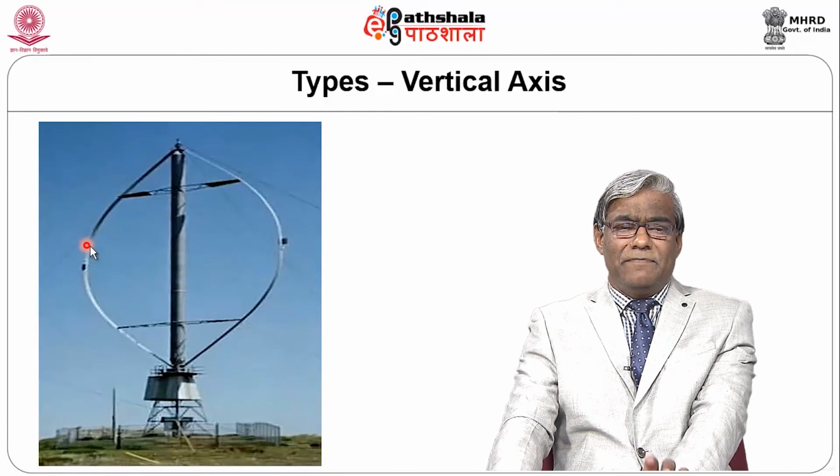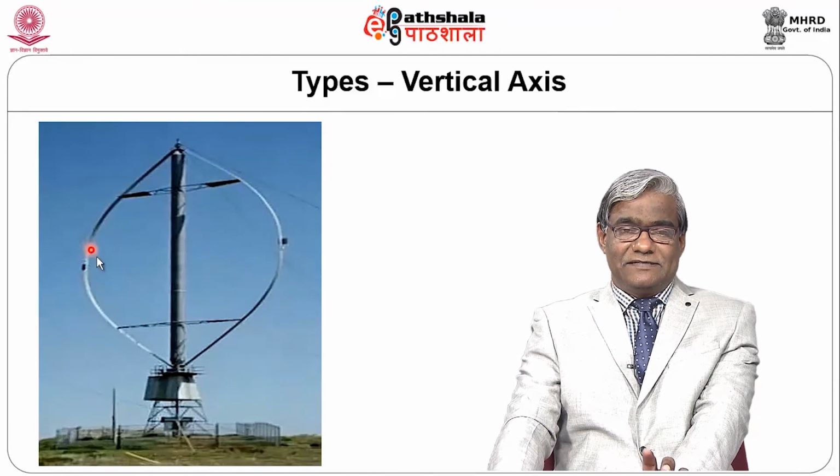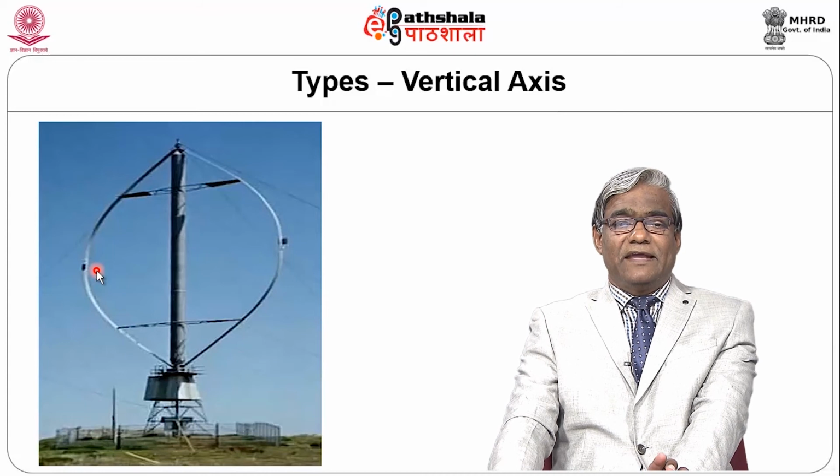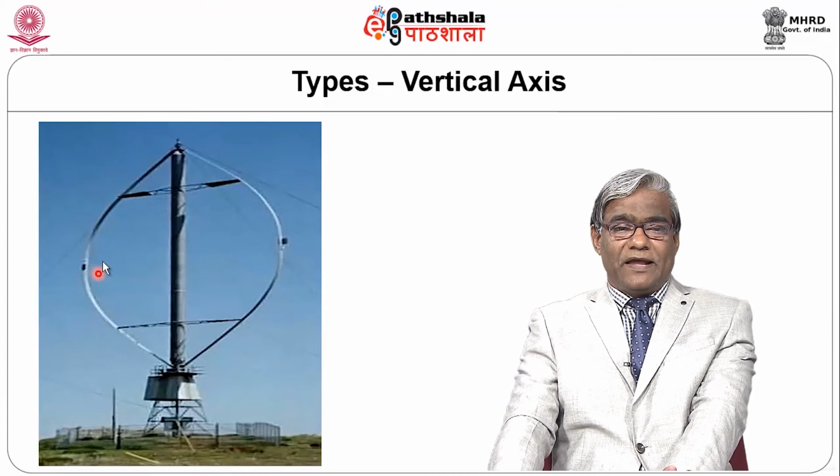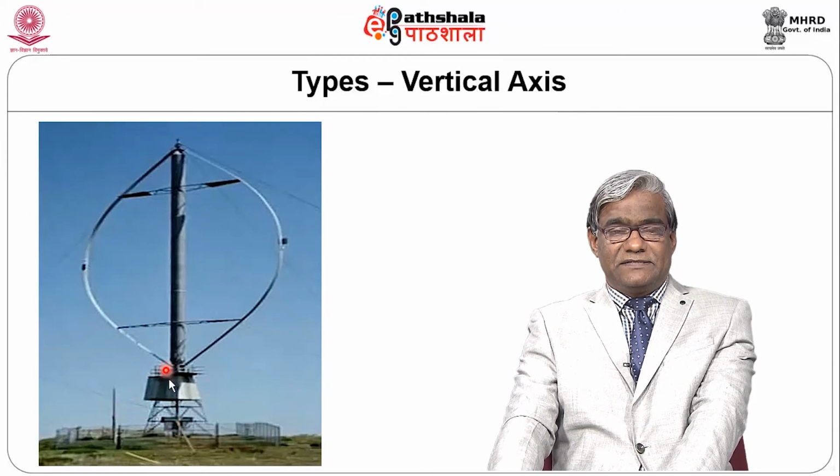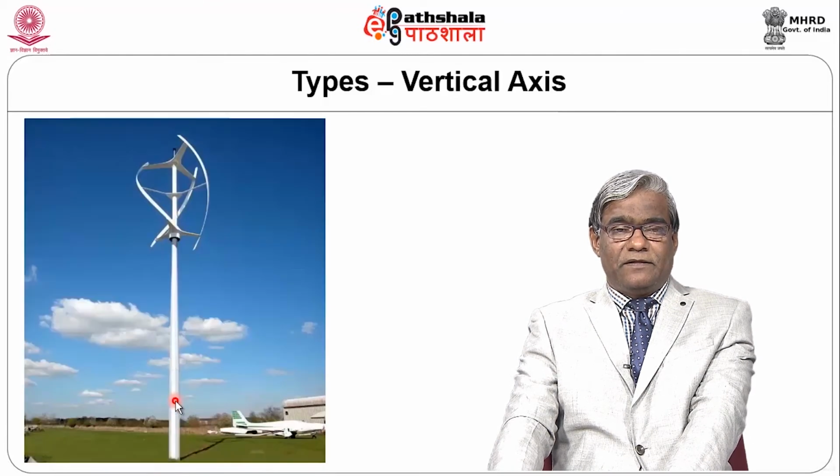So, that is the main advantage of the vertical axis turbine: the wind can flow from any direction and it can revolve in either direction. Of course, we can go for lower capacity turbines, and the maintenance is easier because all operations are closer to the ground.